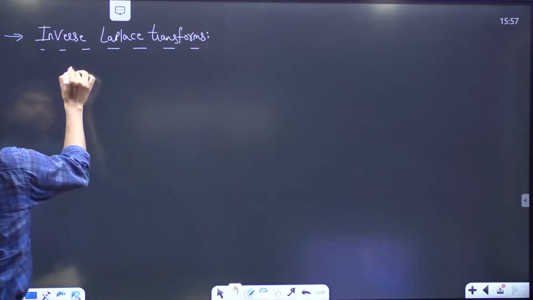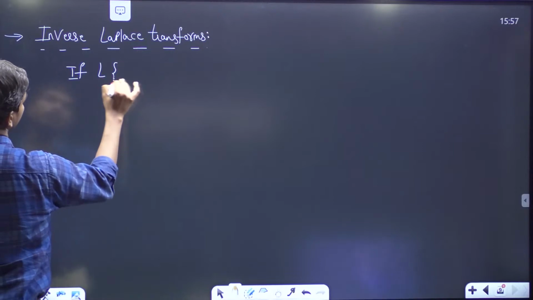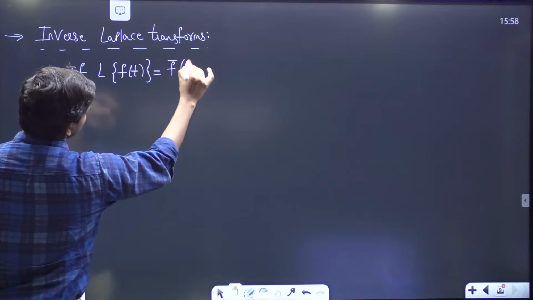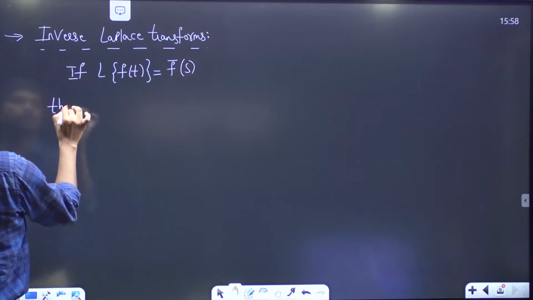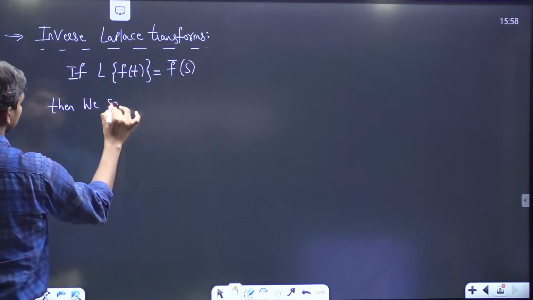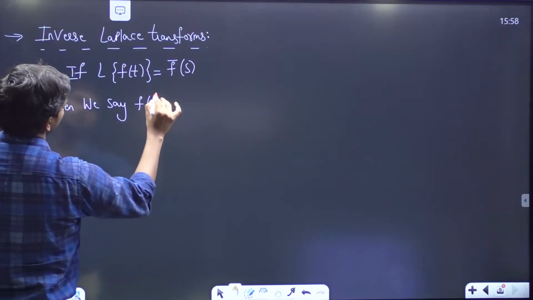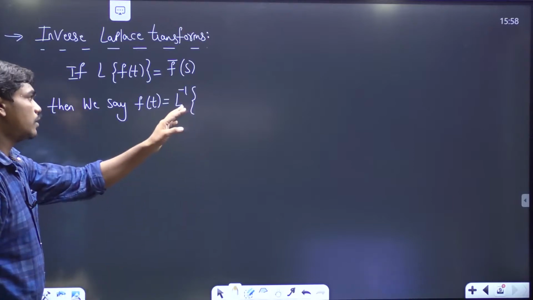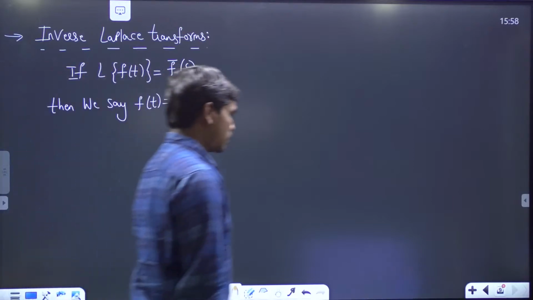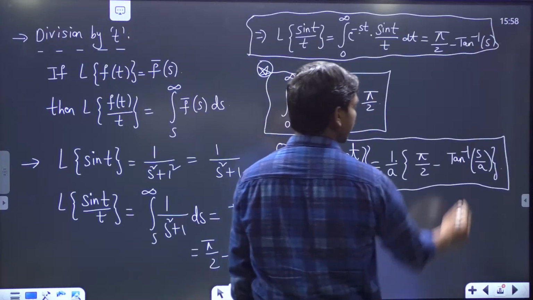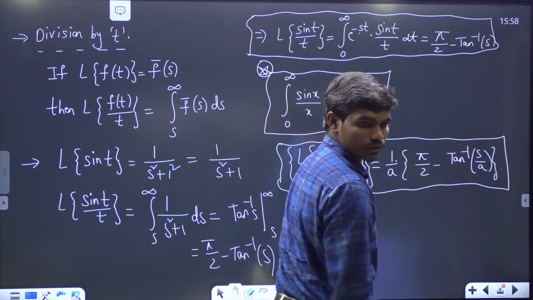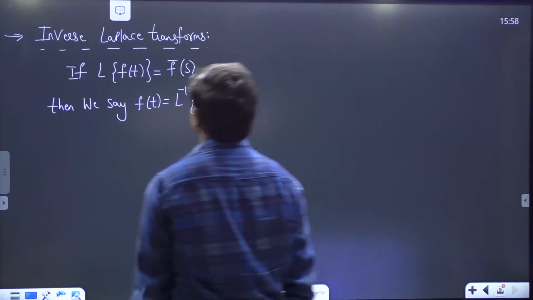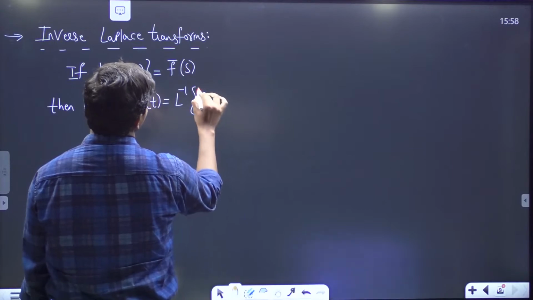In inverse Laplace transforms, we say if the Laplace transform of f of t is equal to f bar of s, of course where this Laplace transform exists, then we say f of t is equal to L inverse of f bar of s.